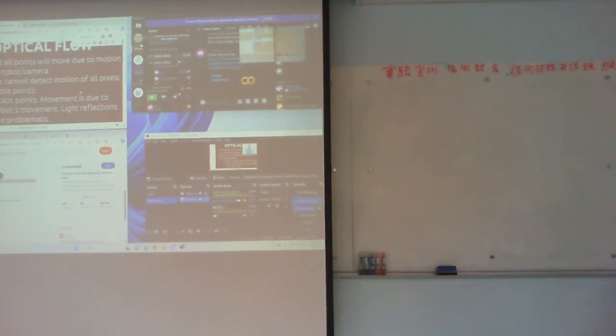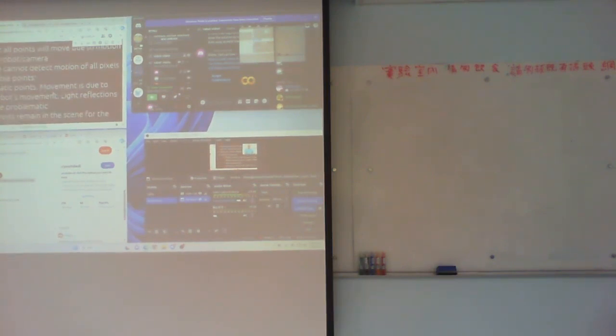That was basically a static scene, right? There are no cars moving or pedestrians walking or something like that. That's what we would have had to contend with. But I cannot detect the motion of all the pixels. So we need to have some trackable points, static points where the movement is due to the robot movement.